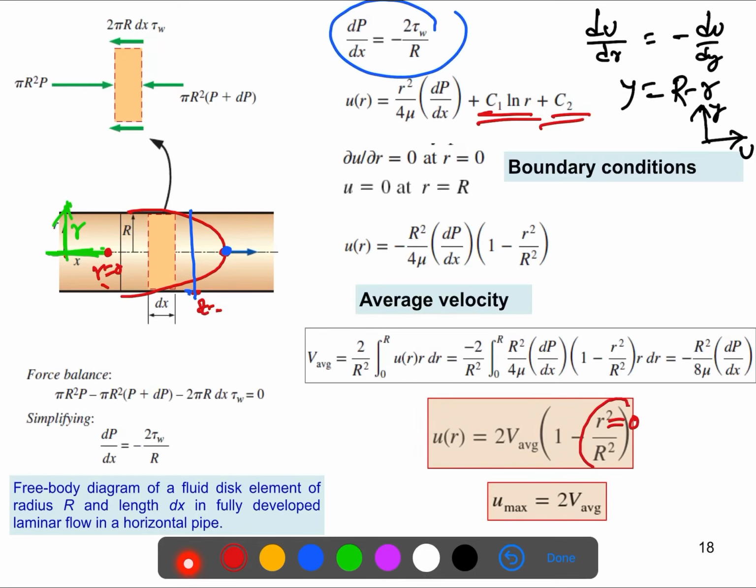That means this term will be 0. So u max will be 2 times the average velocity. So the maximum velocity for a fully developed laminar pipe flow is just 2 times the average velocity.